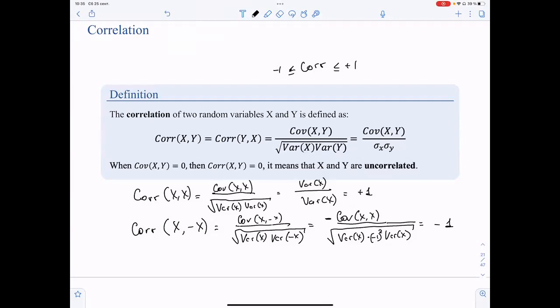The correlation is usually written with the Greek letter rho. So the greater rho is to +1, the stronger the positive association. Ideally, if your random variables are identical, then the correlation is +1.